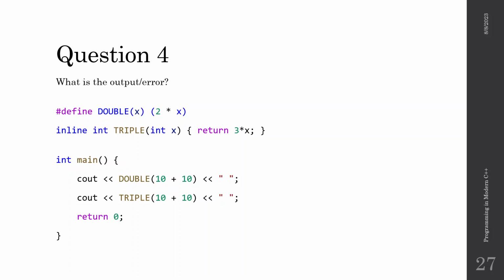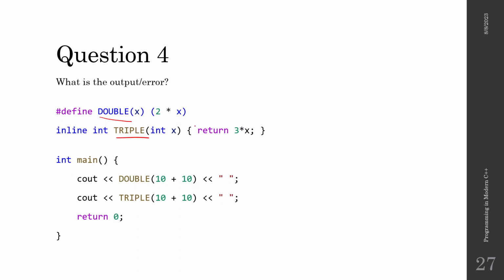This example actually highlights the difference between macros and inline functions. The first case, which is double, is a macro, whereas the second case, which is triple, is an inline function, and there is a difference between these two.